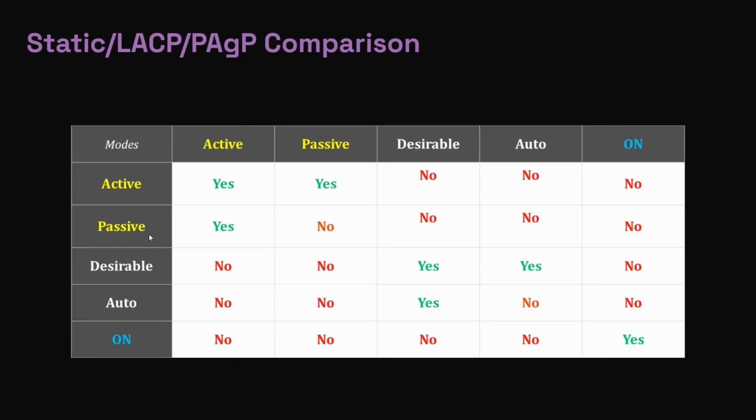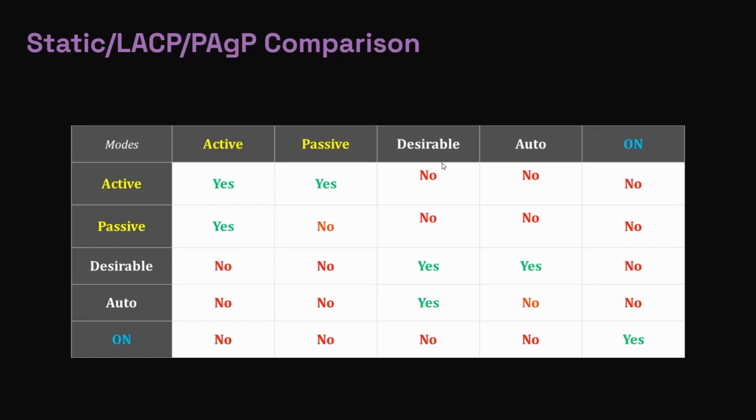And then the same thing applies here. This is LACP and PAgP protocols, so that will never negotiate. With PAgP, desirable and auto: if side B is running LACP and you're doing PAgP, you're never going to negotiate. However, if you have desirable, you will.